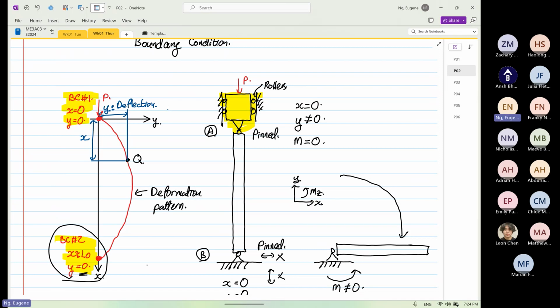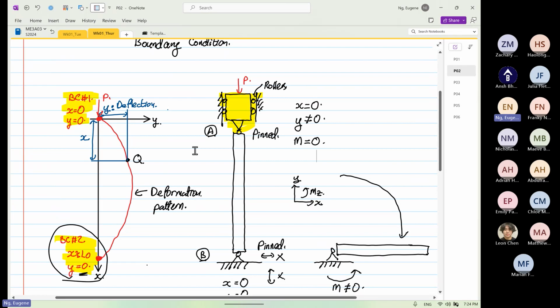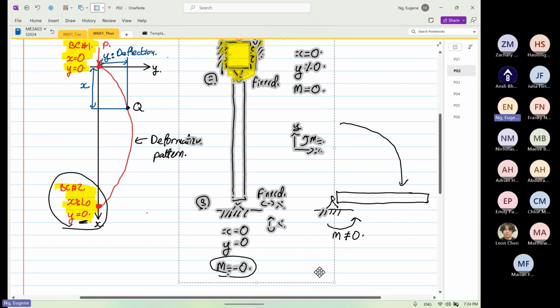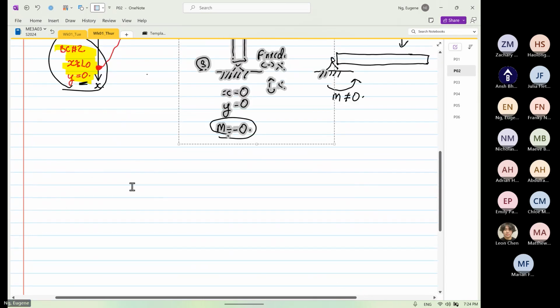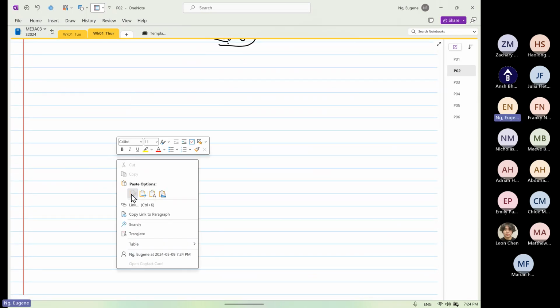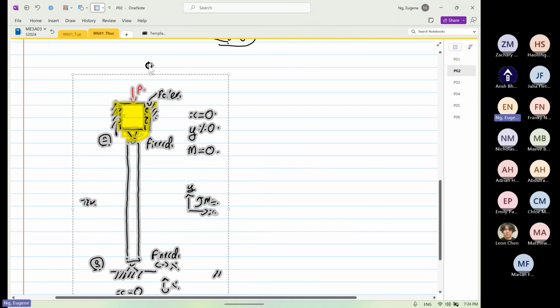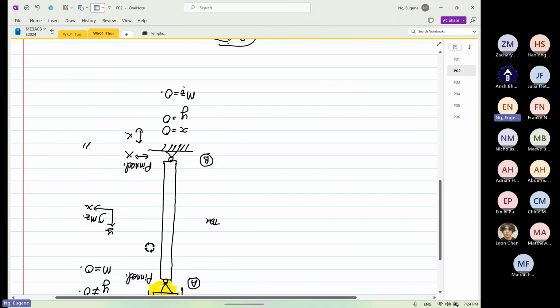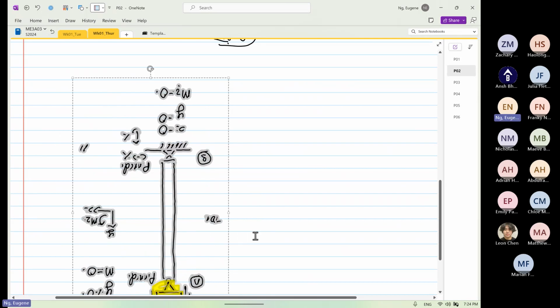Okay. So some of you say, Eugene, why is moment equal to 0? Again, if we were to turn this entire structure upside down, I'm going to take this whole thing, paste it over here, and rotate 180, right?